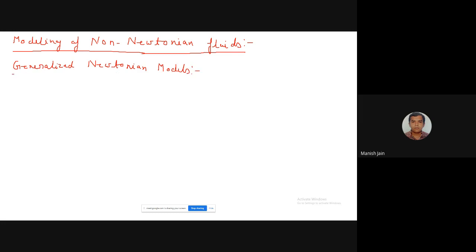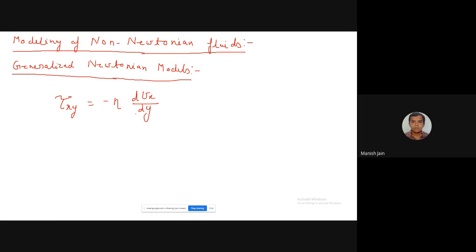So basically, the generalized Newtonian models are the type of models which are similar to the Newton's law of viscosity, but the viscosity is not constant. Okay, the model is the same, only we are saying that the viscosity is not constant. So it will become the generalized Newtonian behavior model. In the generalized Newtonian model, we represent tau xy equal to minus eta multiplied by dvx by dy. Okay, this is similar to Newton's law.